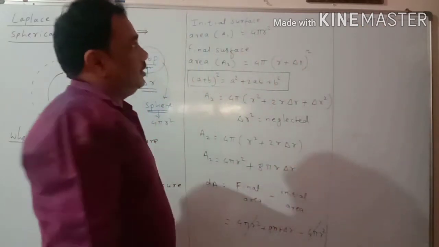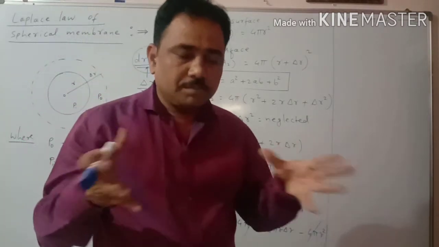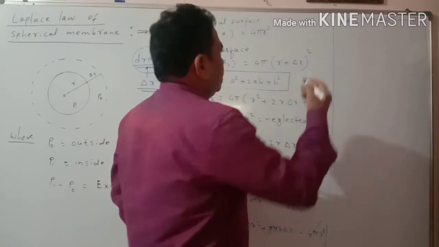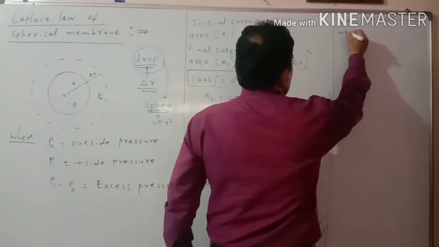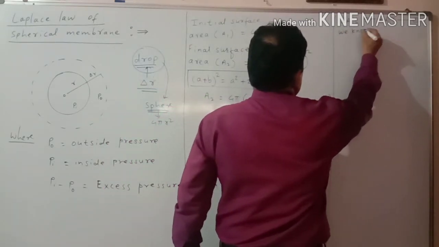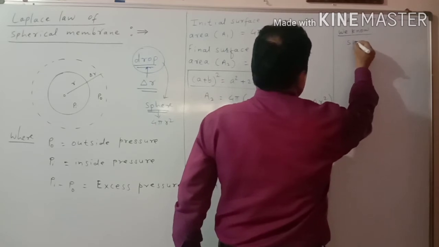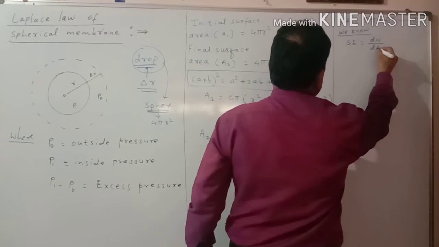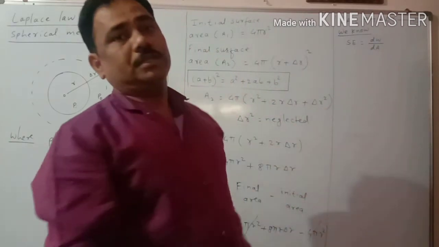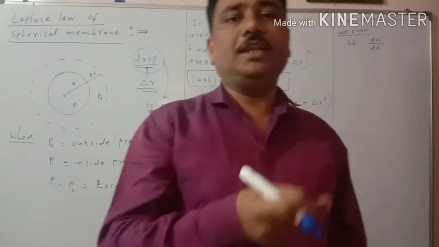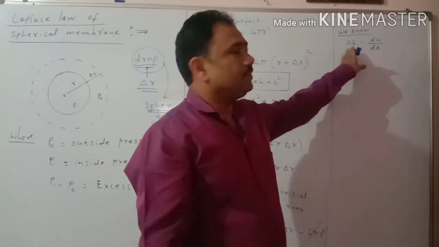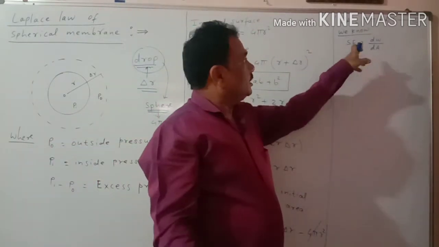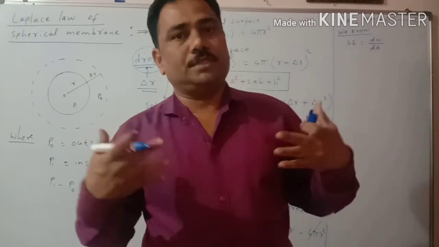Now we know the concept of surface energy. Surface energy is equal to work done per unit area. We have already proved it, and this surface energy is exactly equal to the surface tension.